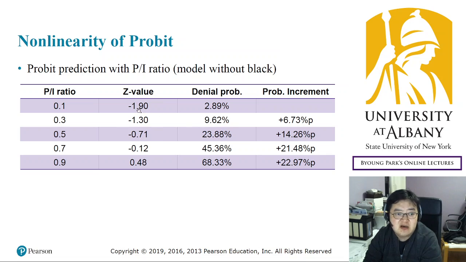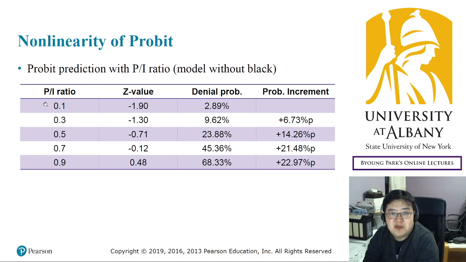So it's easy. We have the result table. Calculate the z-value, and the z-value increases as the PI ratio increases because the coefficient was positive. And from the z-value, using the standard normal distribution, I calculated the predicted denial probability.